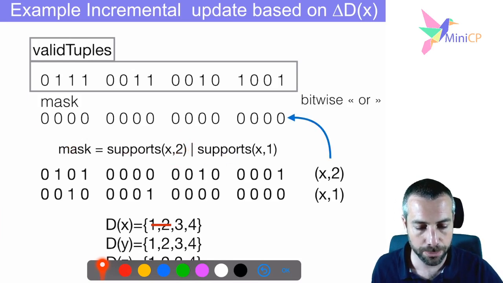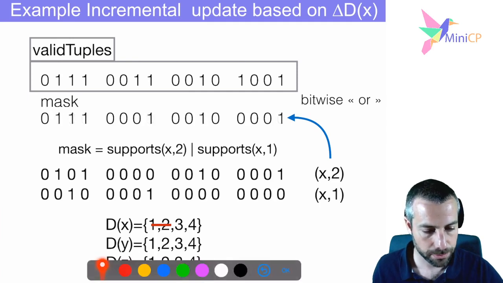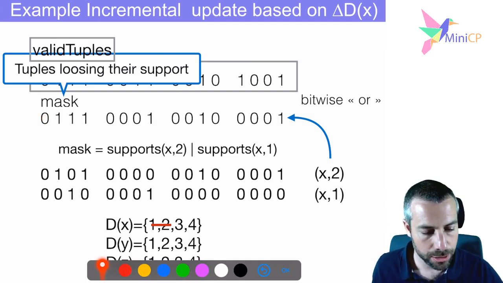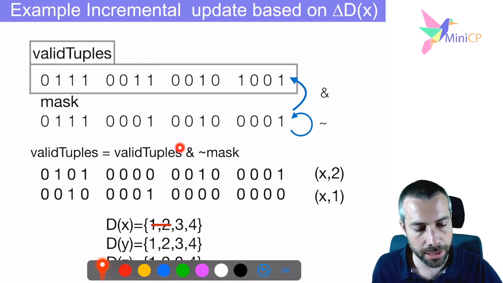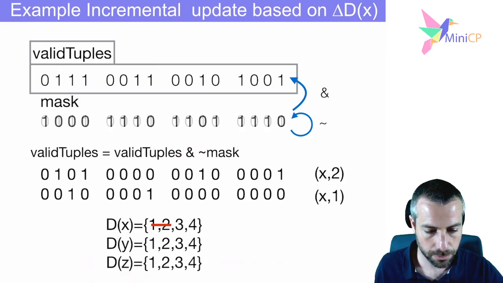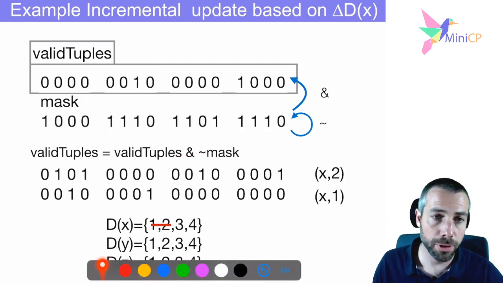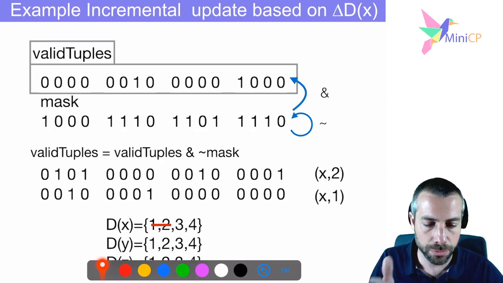This is what I'm doing here using the bitwise OR between these two bit sets. Then these are the tuples that lose the support. I take the complement of this, and then I do the logical AND, and this will update the valid tuple set. So this is what you get here. If you remember, the complement just means that you flip the status of the bits. From 0 it becomes a 1, and from a 1 it becomes a 0.